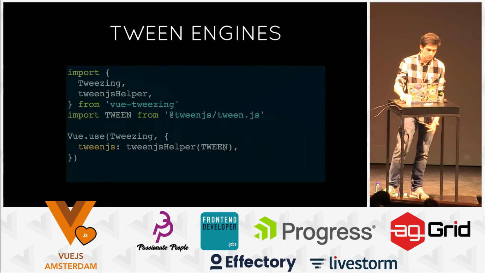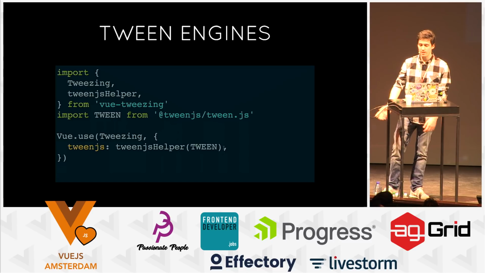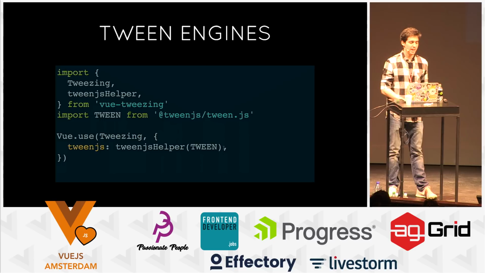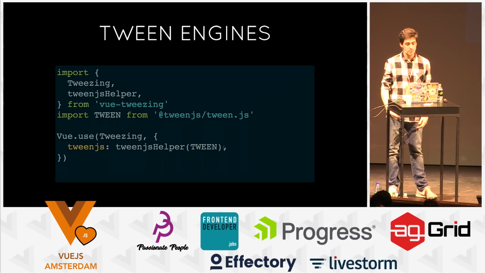We can also provide multiple tween engines. So if you want to use something different than tween.js, GreenSock, or Tweezer, you can actually use a helper. Now, I don't provide a helper for every single tween engine that is out there. But I have one for Tweezer and tween.js, and I'm expecting to add more, probably GreenSock as well, because it's widely used.